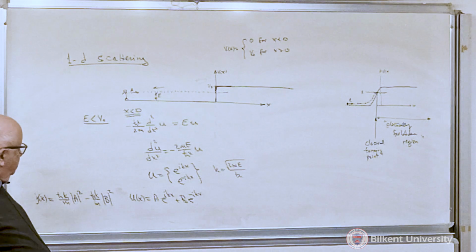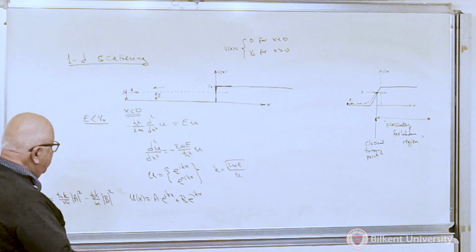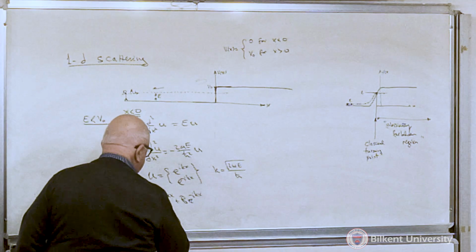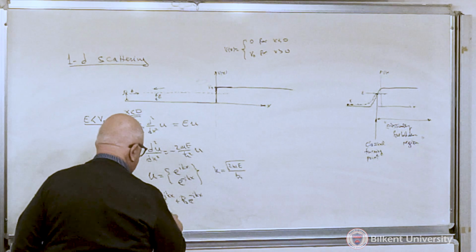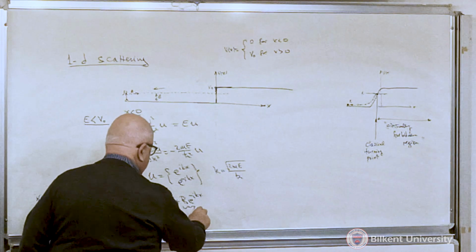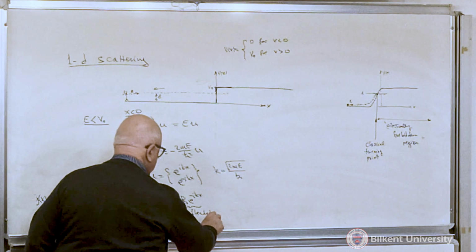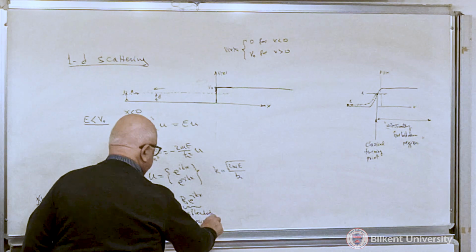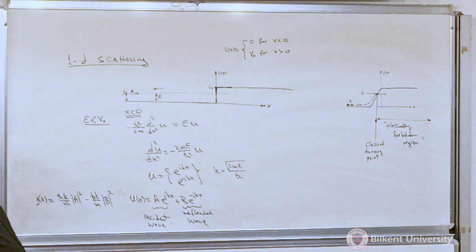So the wave associated with A is called the incident wave, and B is the reflected wave. That's what happens for x less than 0.